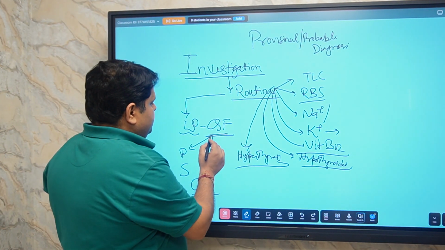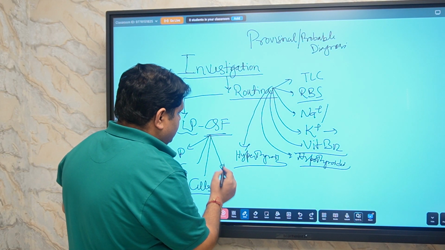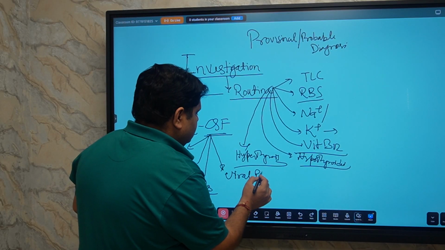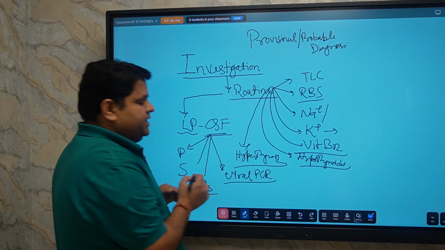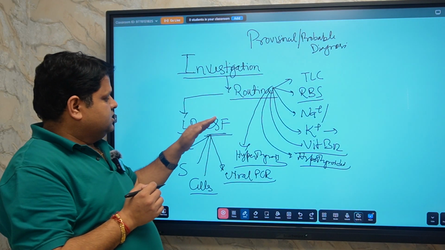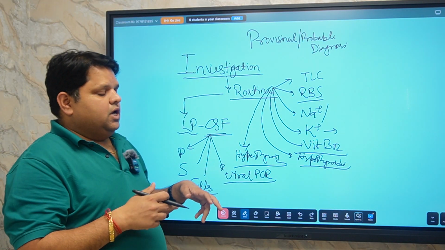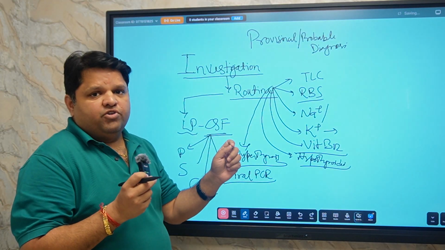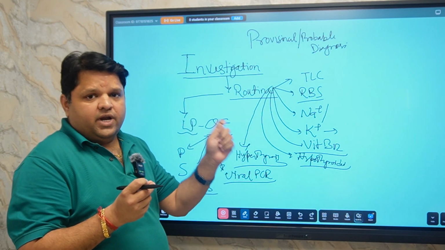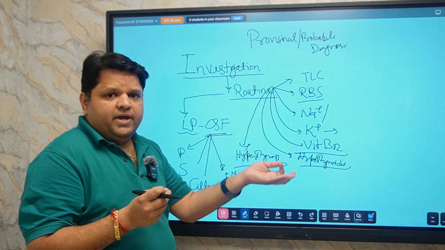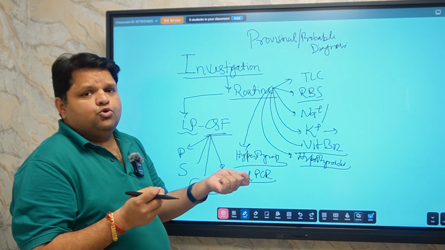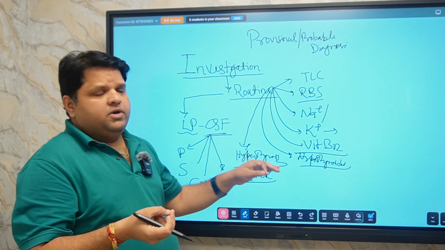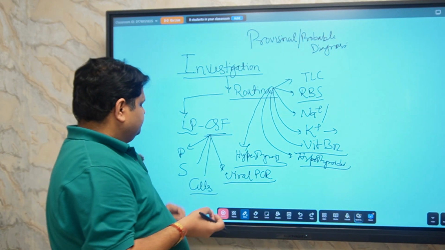So we go for special tests in the CSF, like virus PCR, encephalitis or autoimmune panel in the CSF, which may help in diagnosing specific viral encephalitis like herpes encephalitis, cryptococcal meningitis, in tubercular cases also, and in autoimmune cases some autoimmune etiology may be found in the CSF.